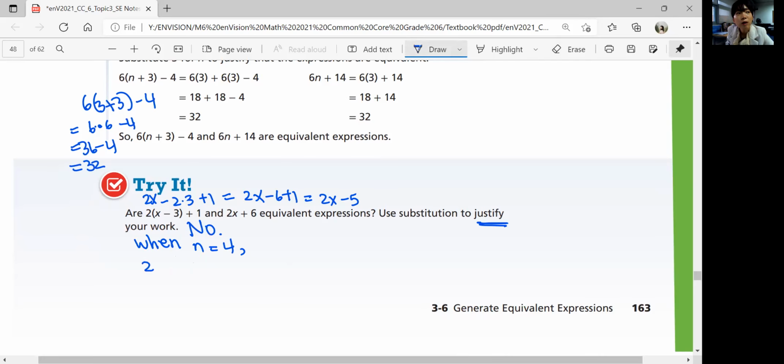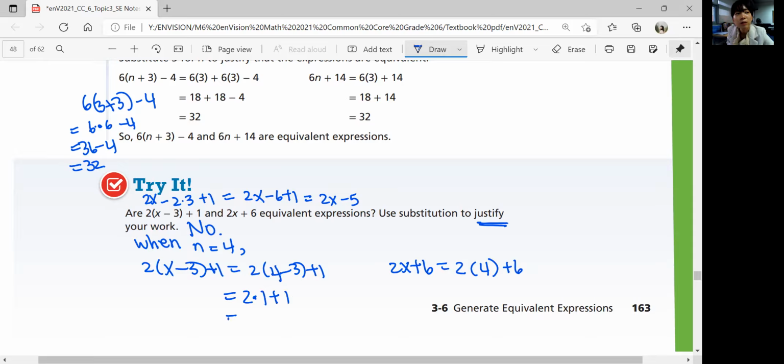When n is equal to 4, 2 times x minus 3 plus 1 will be 2 times 4 minus 3 plus 1. And 2x plus 6 would be 2 times 4 plus 6. And that's equal to 2 times 1 plus 1, 2 plus 1, so that's 3. Okay? And that's 8 plus 6, which is just 14. 3 and 14 are not the same. So they are not equivalent. We just use substitution to justify our work.